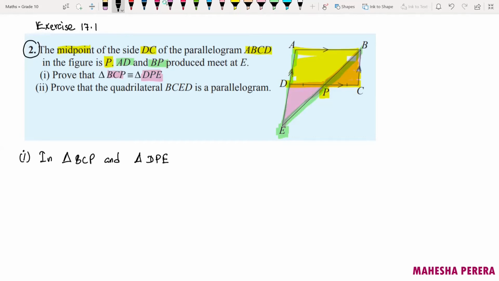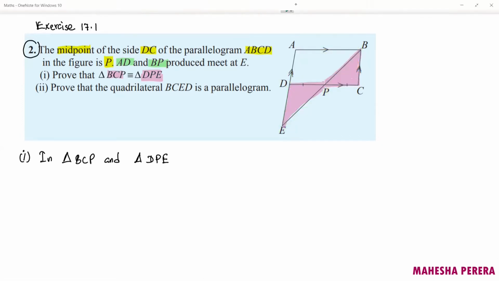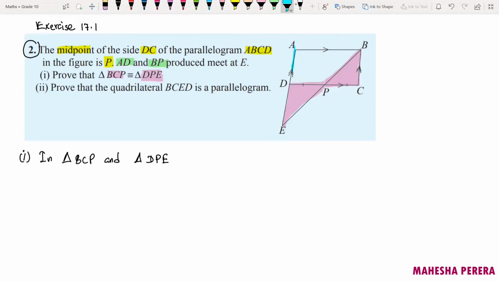What can you say now? Right, now I'll erase these colors. Did you notice that this side and this side are parallel? So in that case, we can say that this angle is equal to this angle, right?